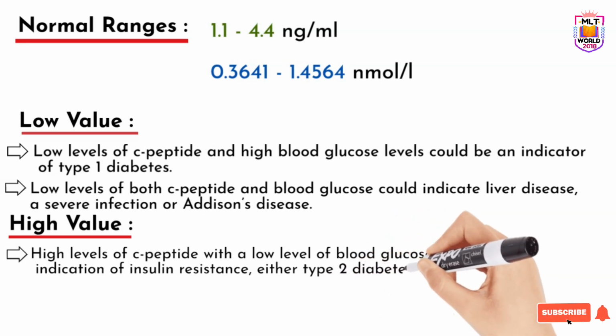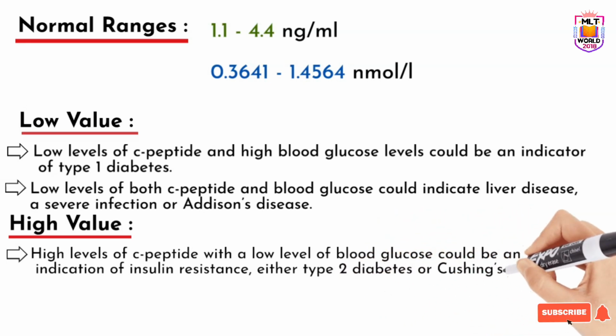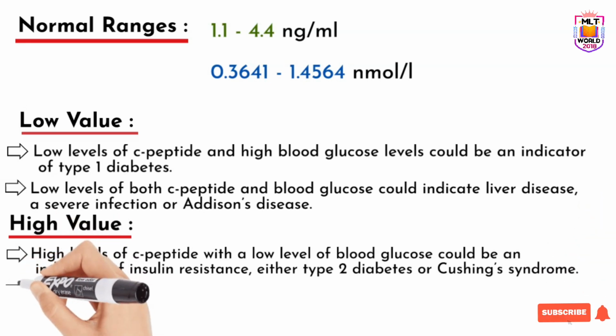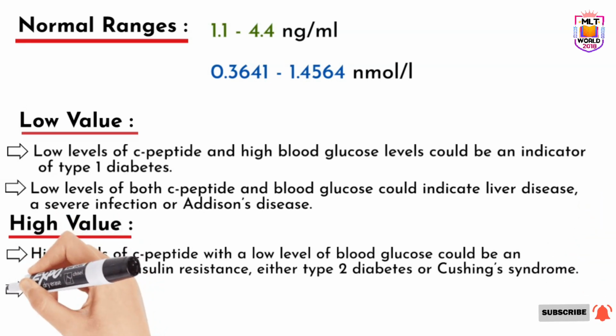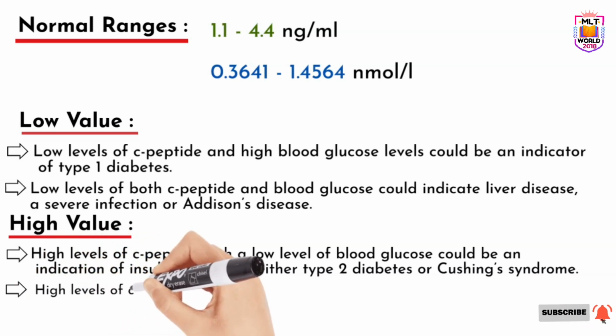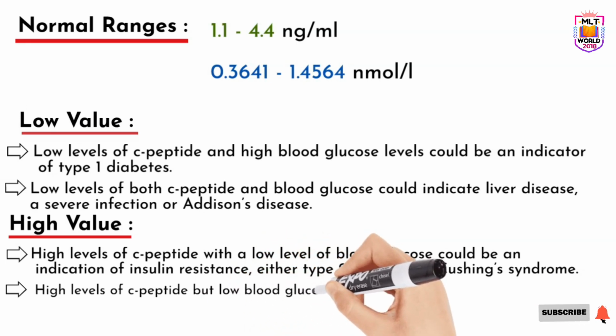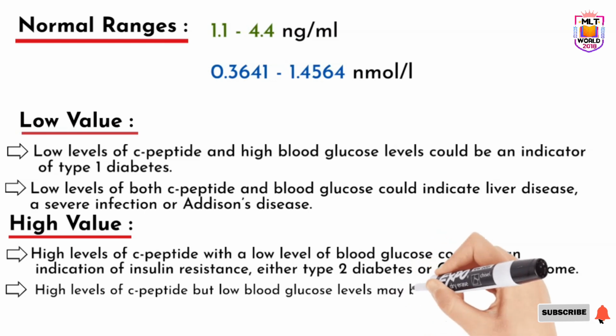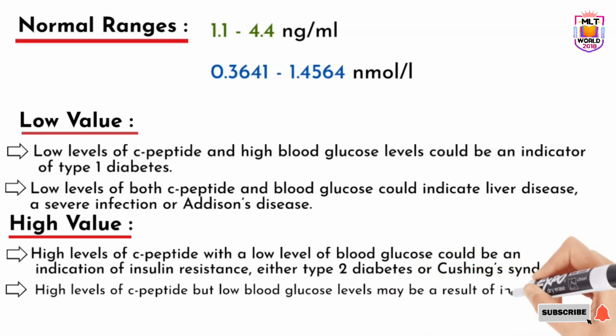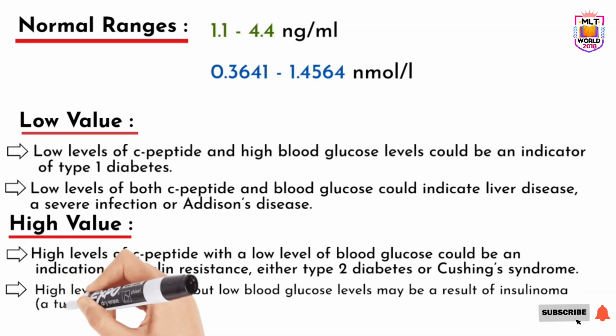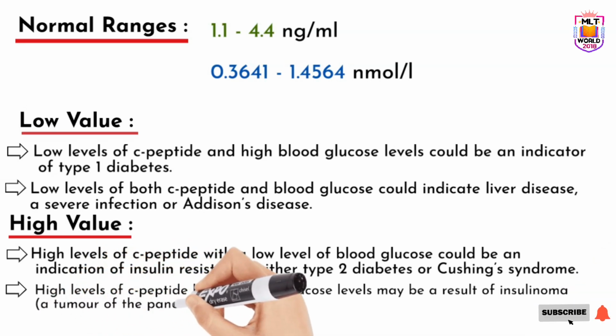And second condition, if high level of C peptide but low level of blood glucose level, it may indicate the result of insulinoma, means the tumor of the pancreas.